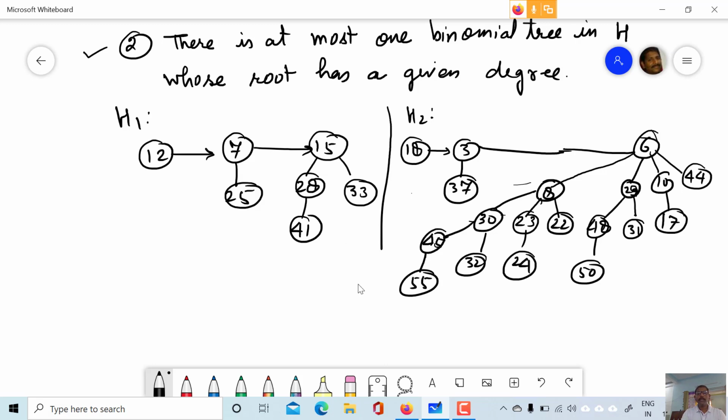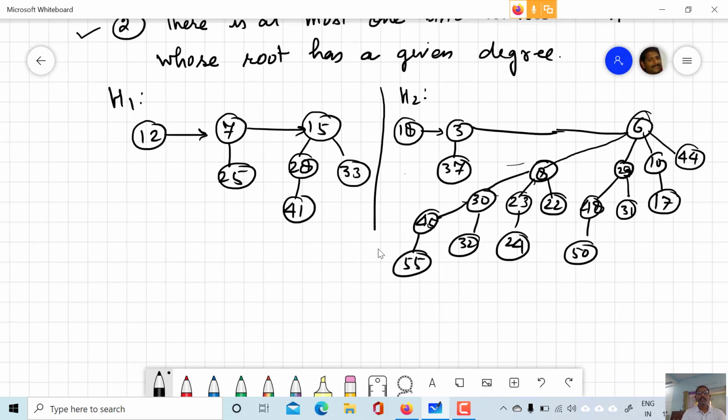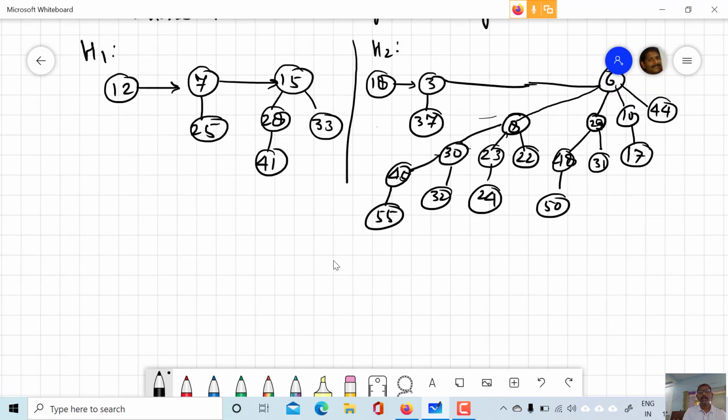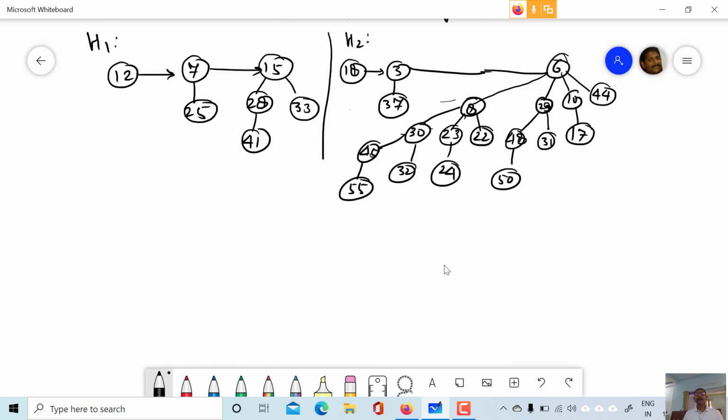Our target is to unite these two binomial heaps. First of all, we unite them in the order of their increasing degree. We first break these four bonds, and then connect all the binomial trees in increasing order of degree. If we start from H1, the first value will be 12. After that 18 has degree 0, so 18 will be there.